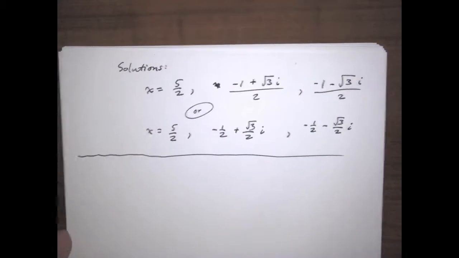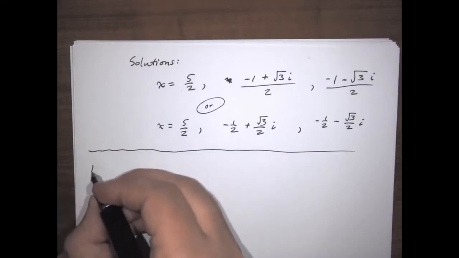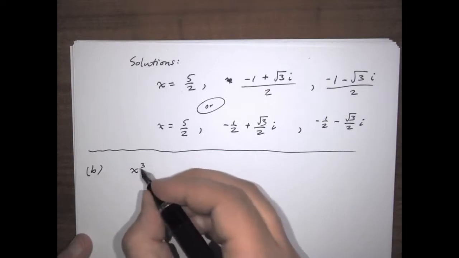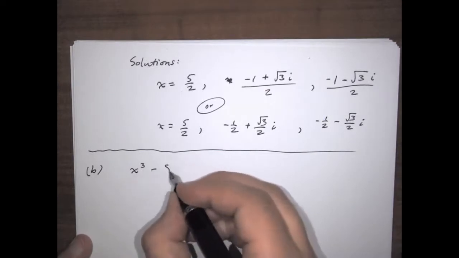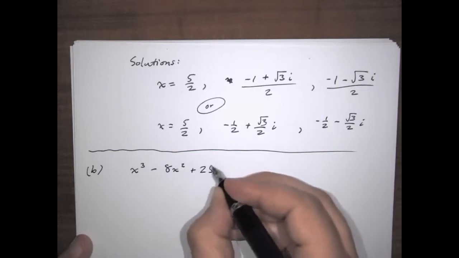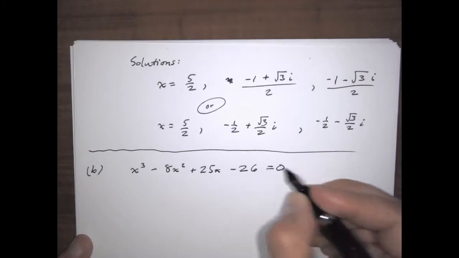Alright, now one more example. Let's take something like this. This is not one from above. Let's go x cubed - 8x squared + 25x - 26 = 0.